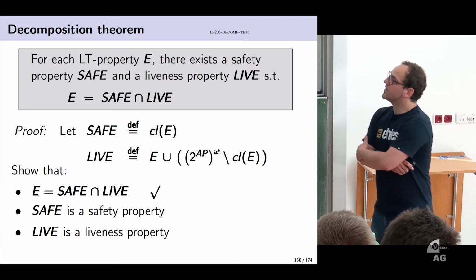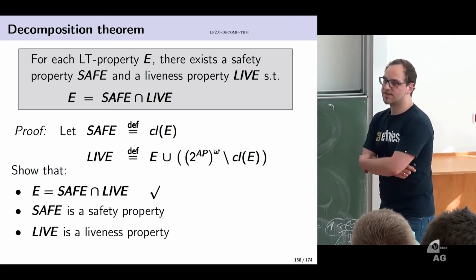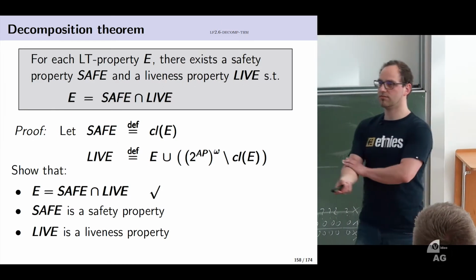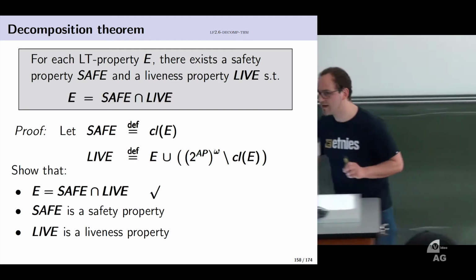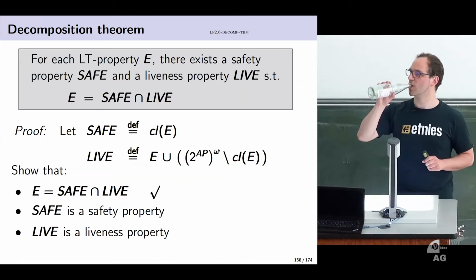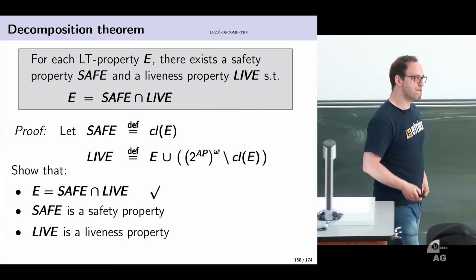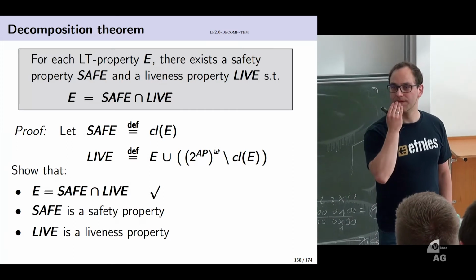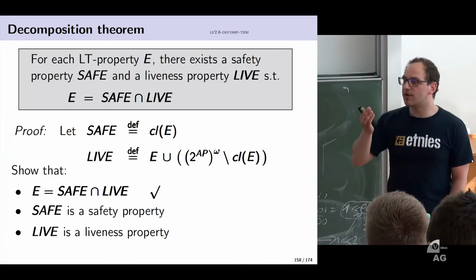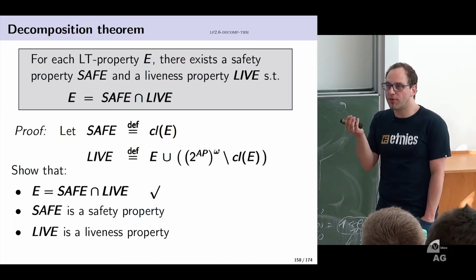I would also argue that it's rather easy to see why safe is a safety property. Do you have any intuition as to why that might be? We already had a similar case on some slide before. Yes? Because it's already a closure. Exactly, because it is already a closure, and I told you that the closure is an idempotent operation.